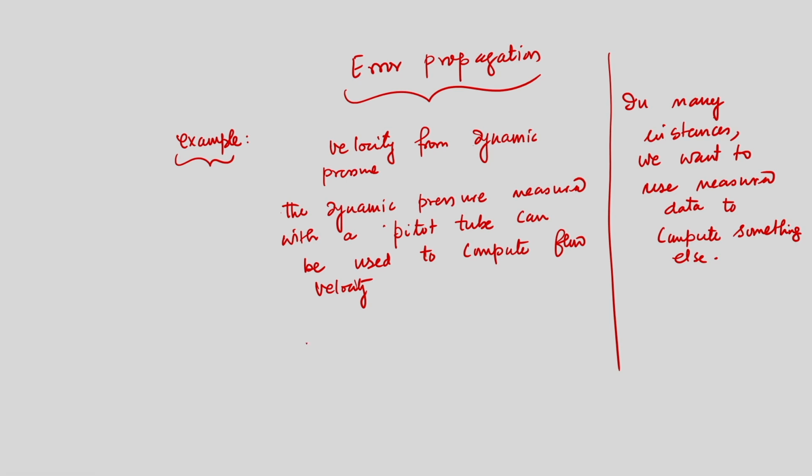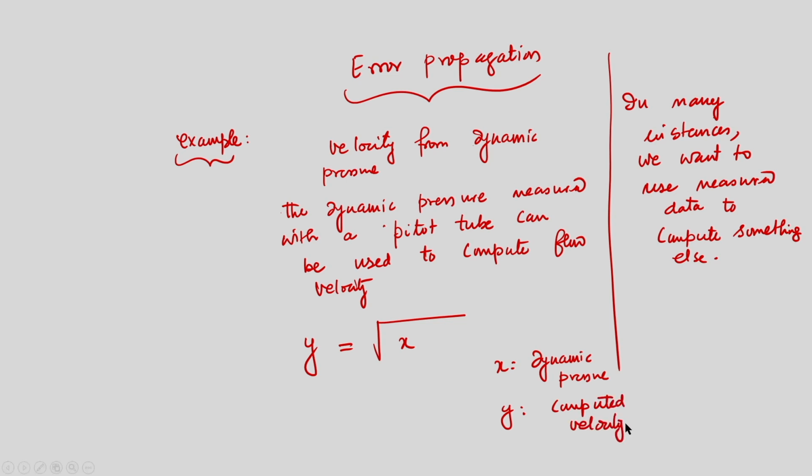So, if we say velocity is y, then y is equal to square root of dynamic pressure, say x, where x is the dynamic pressure and y is the computed velocity.